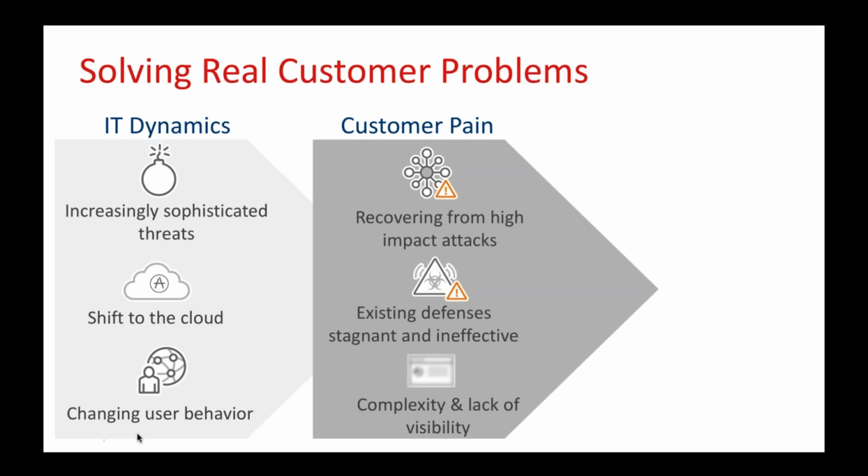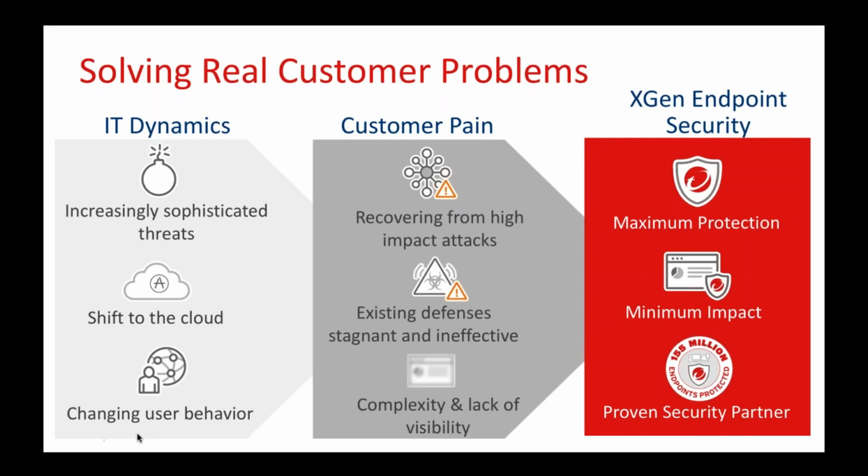They may not have as much innovation as Trend Micro may have, and therefore they're not as effective as they would usually be. And obviously that complexity and lack of visibility as well, so people not being able to see exactly what is out there in their infrastructure.